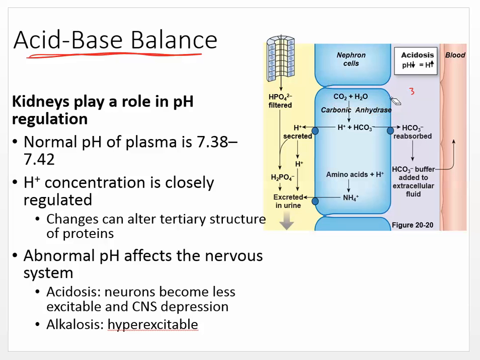So one of the things that's going to happen is that the kidneys will simply dump the hydrogen. Okay? This is going to go into the urine. Goodbye, hydrogen. You're going into the urine. Part of this reaction is that hydrogen is made over here, but bicarbonate is made on this side.